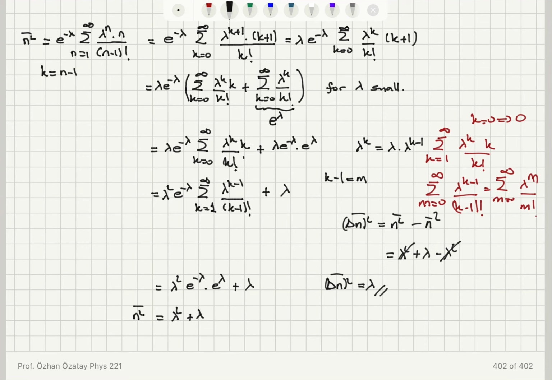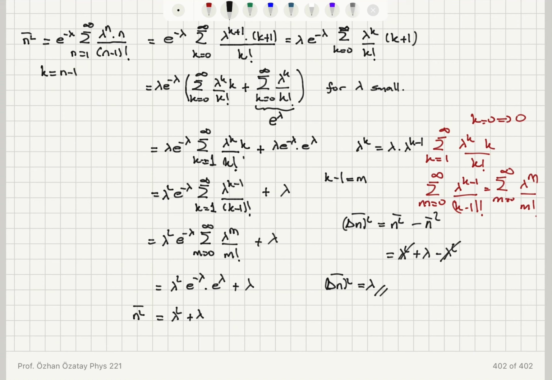So for k equals 0, that is 0, and from k equals 1 to infinity, I have lambda to the k times k over k factorial, which gives me lambda to k minus 1 over k minus 1 factorial. So this is lambda square e to the minus lambda, sum m equals 0 to infinity, lambda to the m divided by m factorial plus lambda.